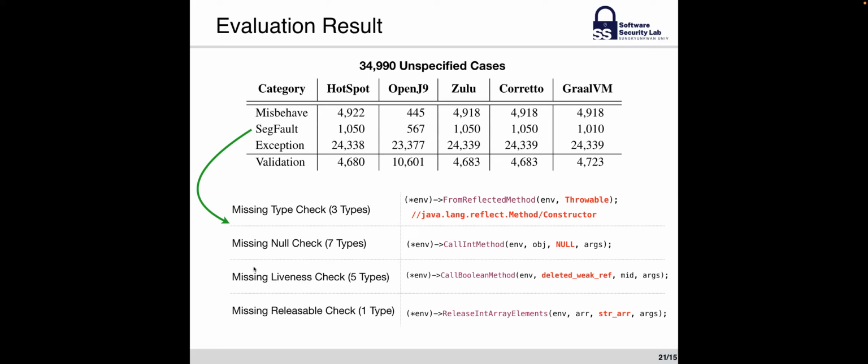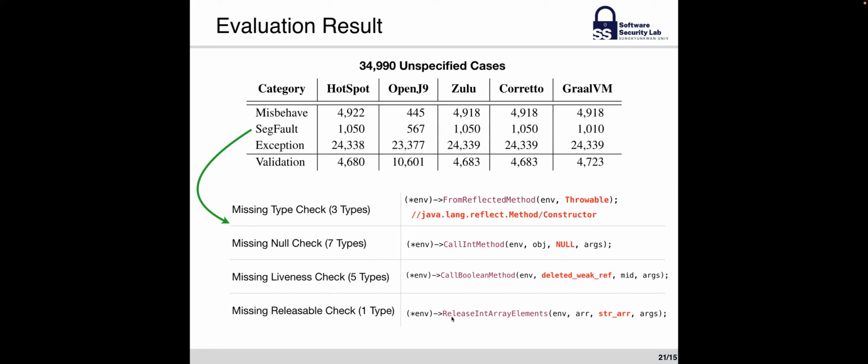The missing liveness check is the case where deleted reference objects or values are used by the JNI programs. And the missing releasable check is the case where the JNI function releases an object that cannot be released.